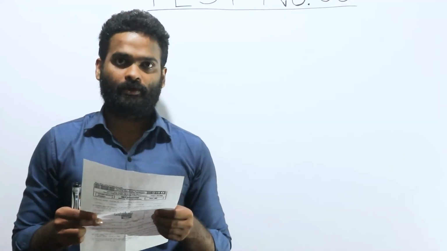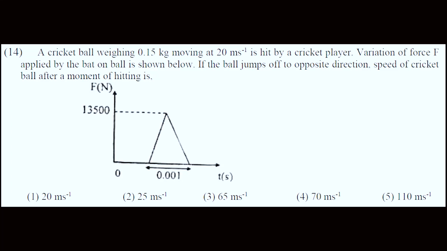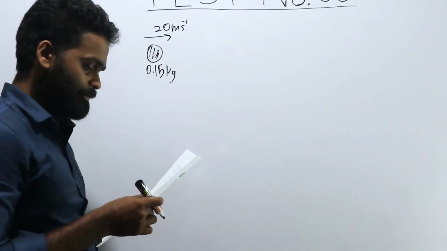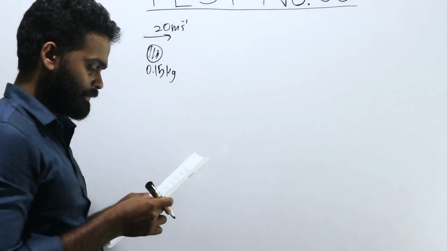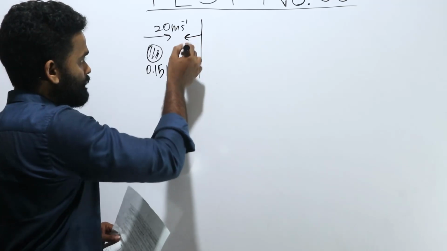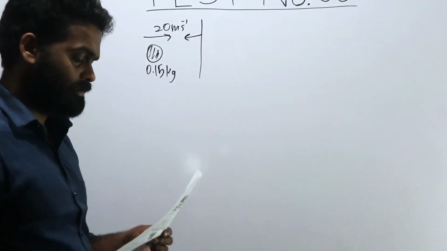Okay, 14th question. A ball weighing 0.15 kilogram moving at 20 meters per second is hit by a cricket player. So from the opposite side, this ball is hit by a bat.